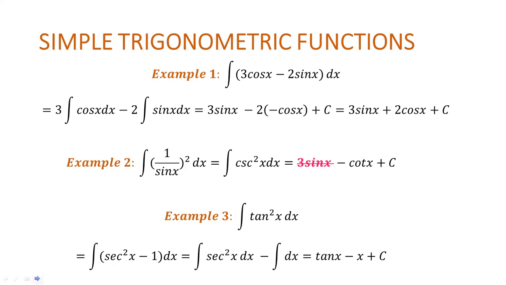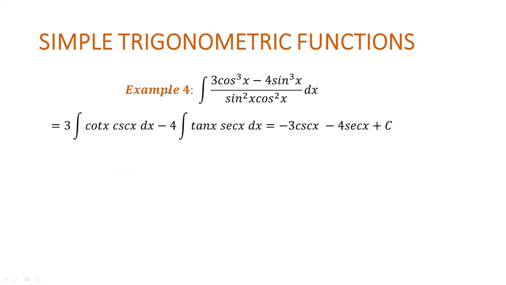Okay? Now, we have here, I think this is the part which I haven't discussed. So you have 3 cosecant cube x minus 4 sine squared x over sine squared x cosecant squared x. You need to distribute the secant squared x cosecant squared x separately to the 2 terms that appear in your numerator, resulting to this.